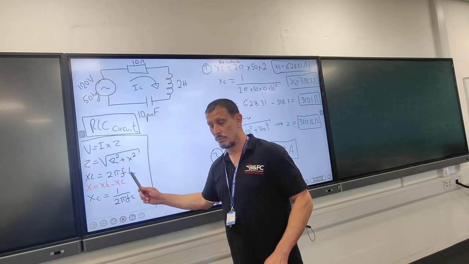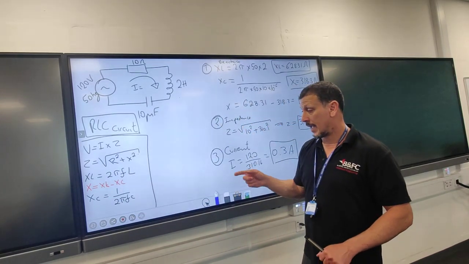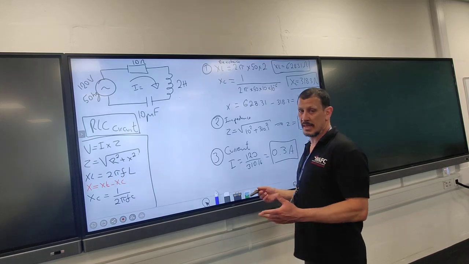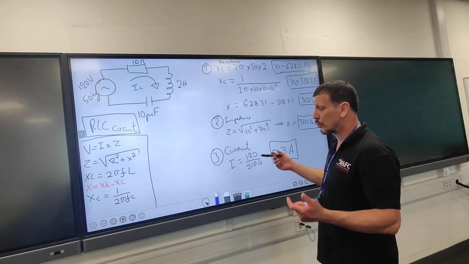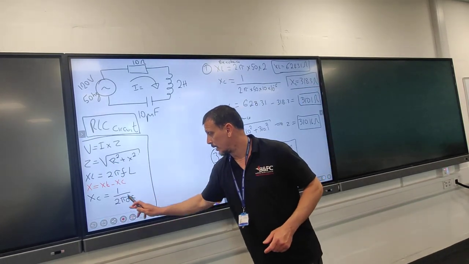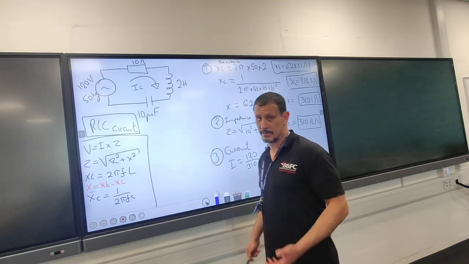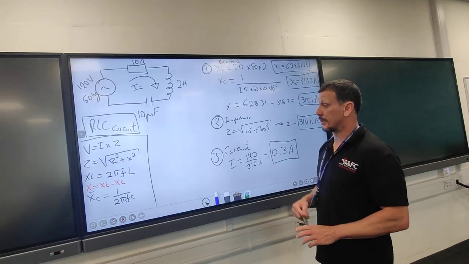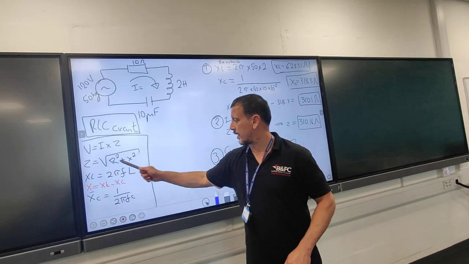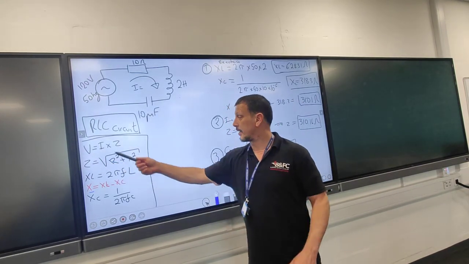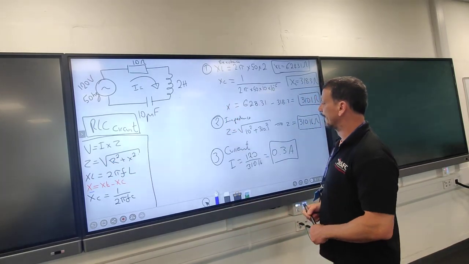And XC equals 1 divided by 2 pi F C, again F being the frequency and C the capacitance. So the first step is to use the XL and XC equations to determine the reactance X. Once we determine that, we can use the next formula to find the impedance, and finally find the current.